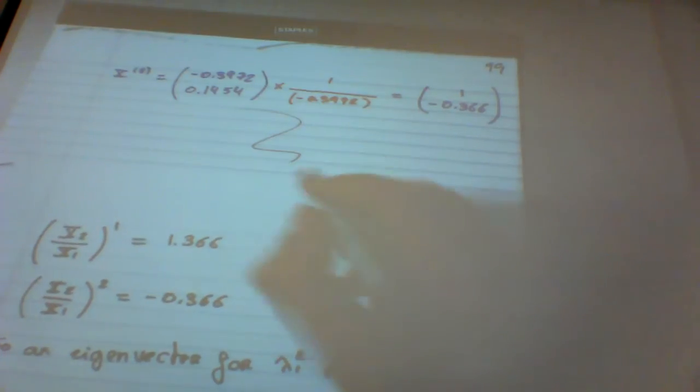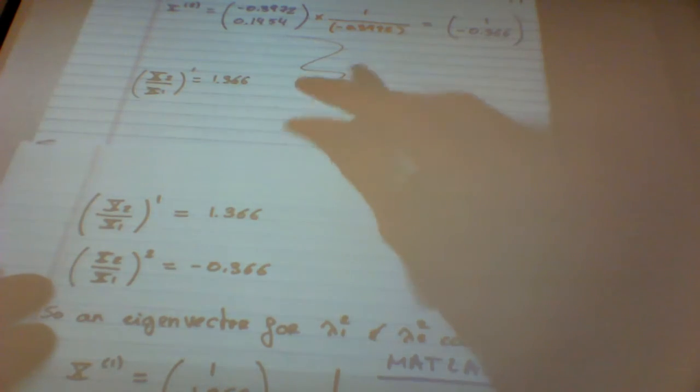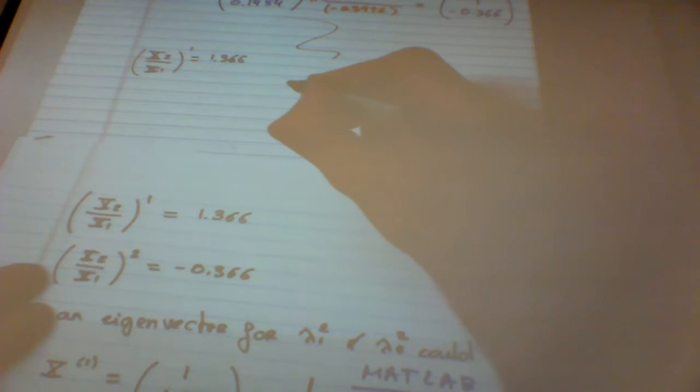Okay, so something that I haven't done in this problem, but that generally I do in my solutions, is that, if you want, this would be the end, but something that I like to do, for example, when I have x2 over x1 for the first mode shape equal to 1.366, I know it's not exactly that in this case, but I like to do some type of representation, some type of figure. So basically, what does that mean?